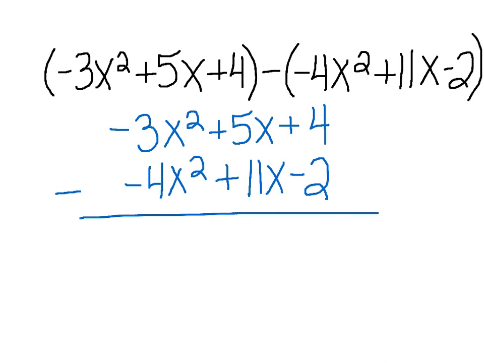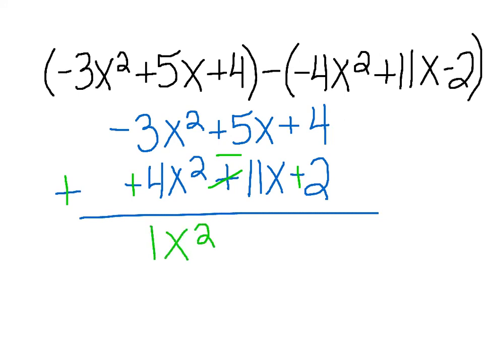Now, we're subtracting, so we're going to change that subtraction symbol to addition, change the negatives to positives, and change my positives to negatives. Now, we're going to add negative 3x squared plus 4x squared. That's positive 4 minus 3. That's 1x squared.